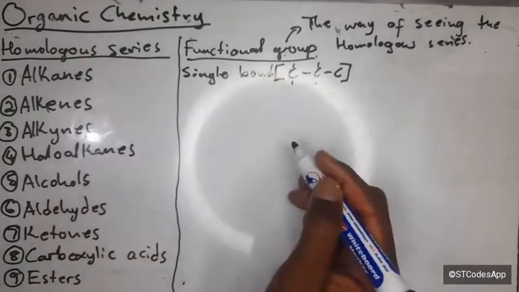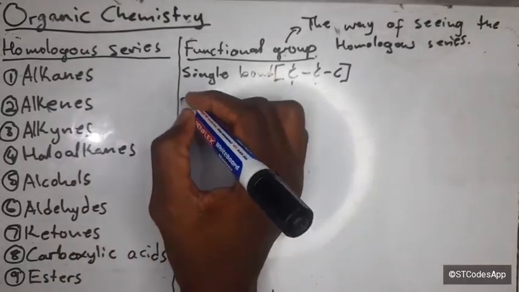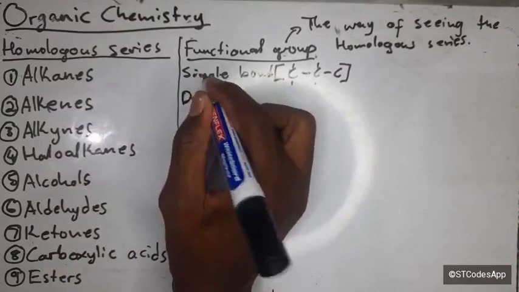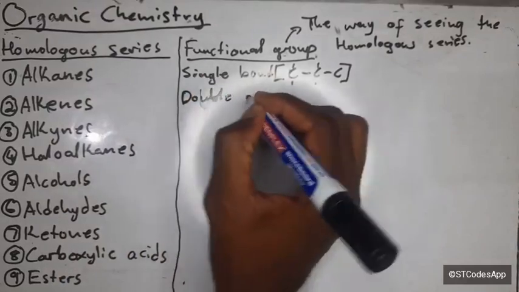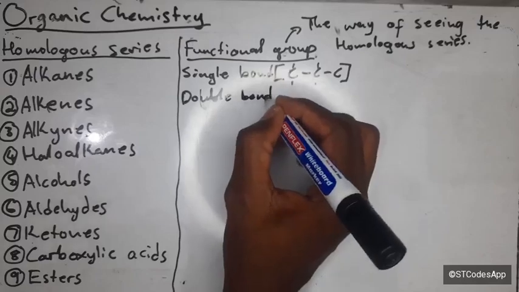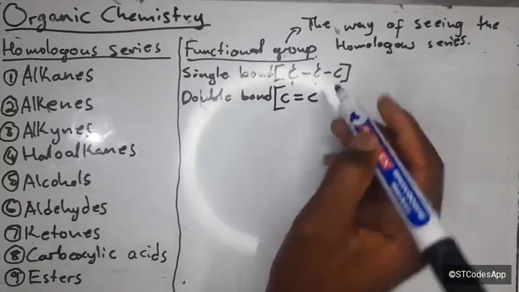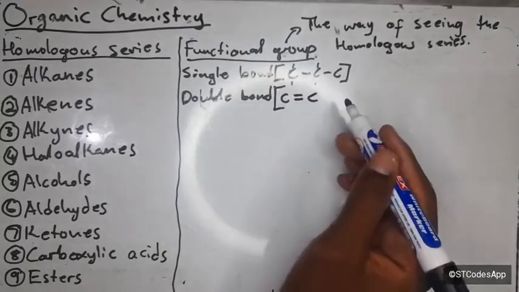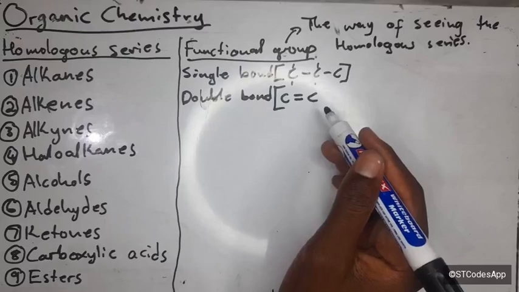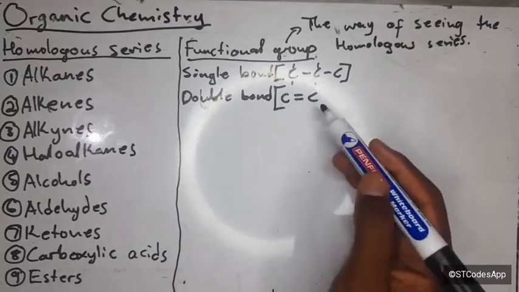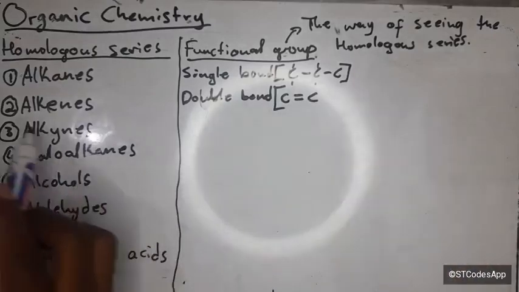Then moving to alkenes. Alkenes, we see them by the double bond between carbon atoms, something like this. This is how we notice if a compound is an alkene. Once you see double bonds between carbon atoms, then it's an alkene.